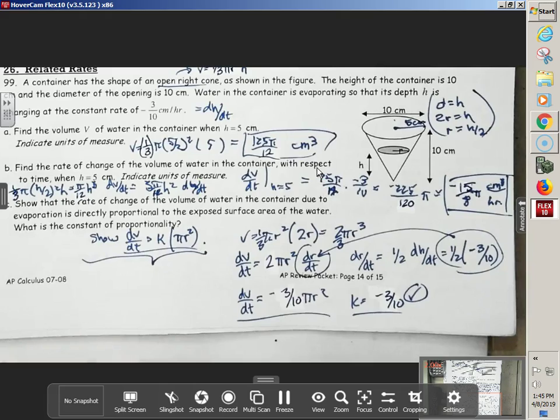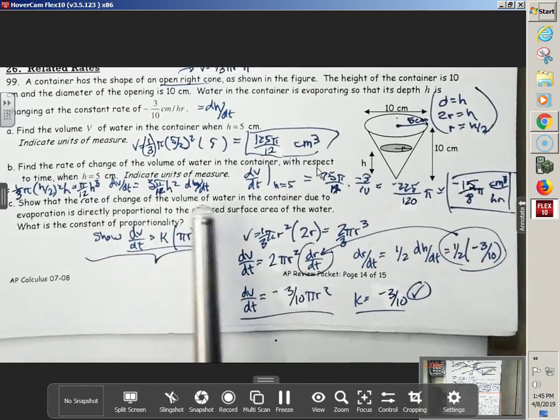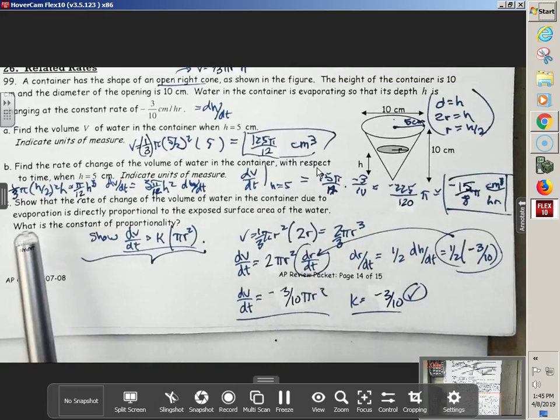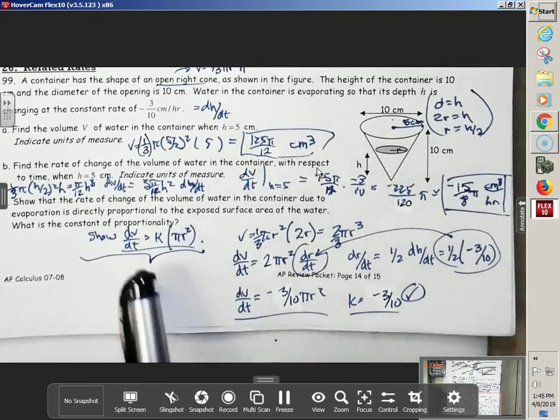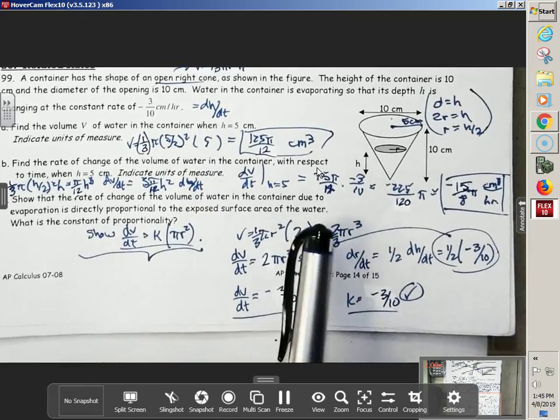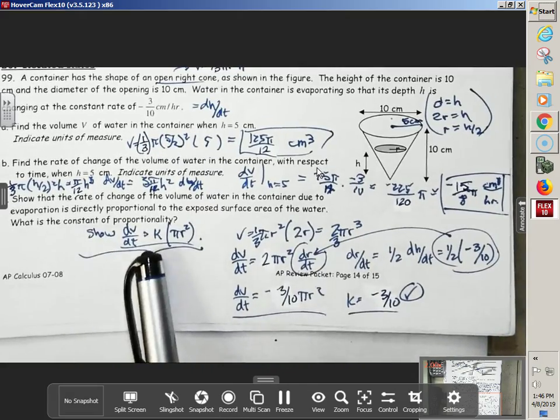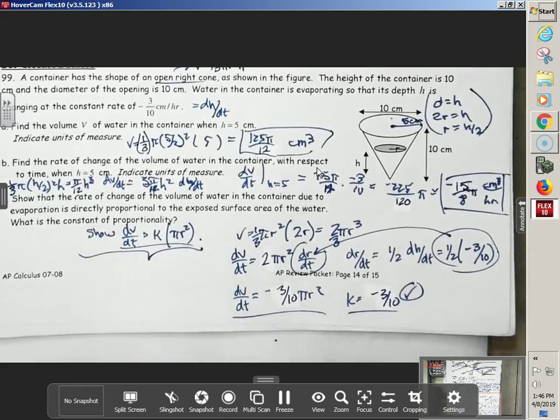This one was all about the wording, so it's just translation. So remember when we read rate of change of volume due to... oh, they don't even say with respect to time. But you can go ahead and just say rate of change of volume in context of the problem is dV/dt. It equals directly proportional to this wording right here.